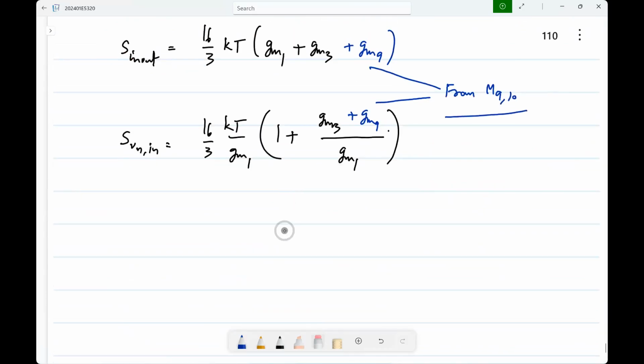Similarly, what will be the expression for the offset variance, that is, the input referred offset? What was the earlier expression? What is it now? What is the first term that you will always see?